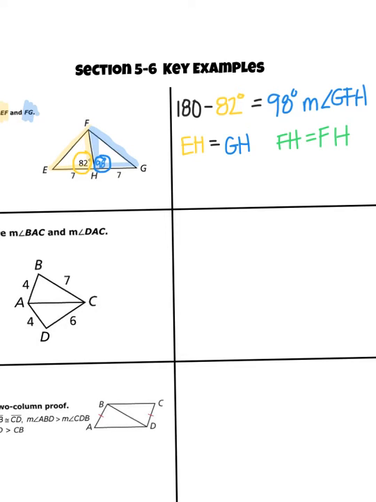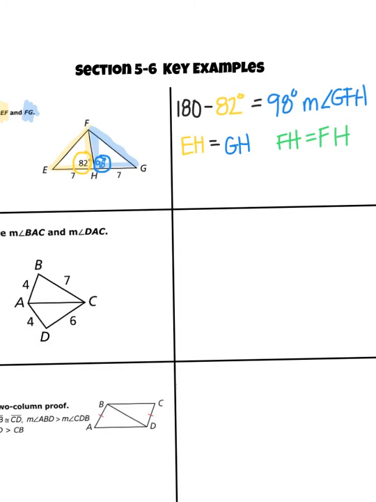So if I know that they each have two sides in common, and I'm comparing EF and FG, which usually means is it greater than, less than, or equal to, what I can compare with the hinge theorem is that because 98 degrees is a larger angle than 82, then this side that is opposite that is longer than this side here that is opposite 82.